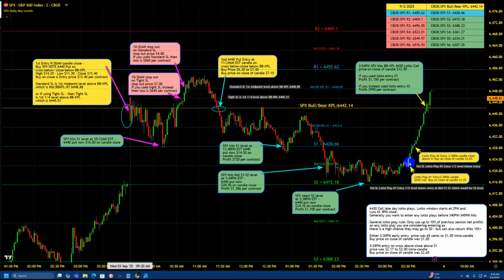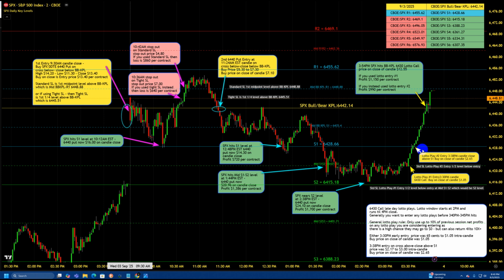However, if you did not enter here, another entry would be on this break above the S1 level here, because what we're looking for eventually is a move back up to test this level here, because it was tested several times earlier in the session, and we're looking for a possible close to go back up to at least this bull bear key price level.